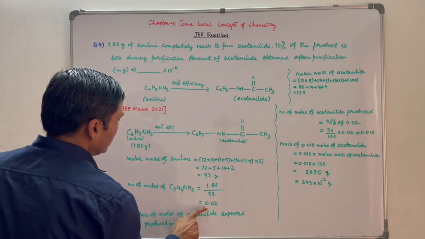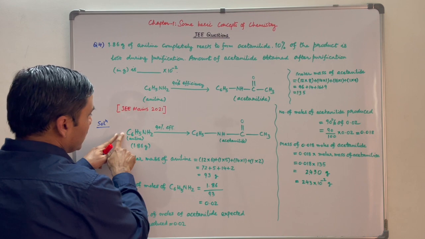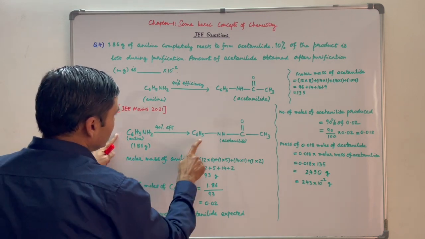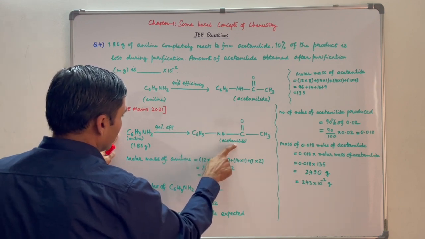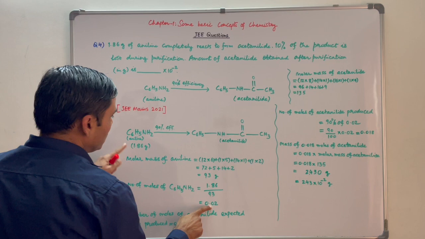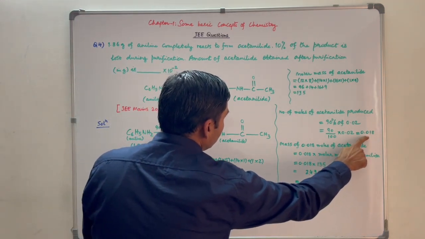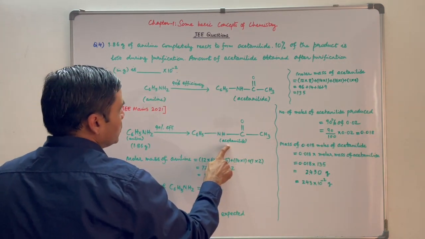So that comes out to be 0.02. That means initially there were 0.02 moles of aniline. So they will produce 0.02 moles of acetanilide if there is no loss of product. Considering the loss, it will be only 90% of 0.02. That comes out to be 0.018 moles of acetanilide produced.